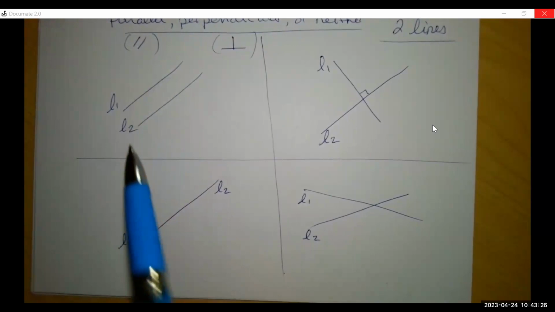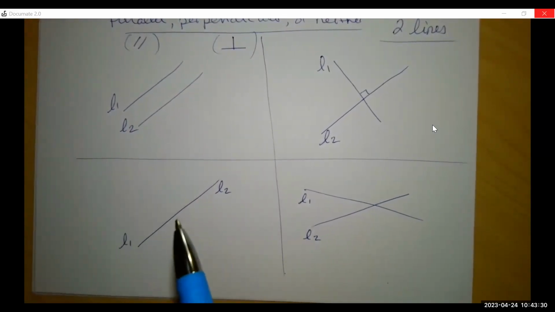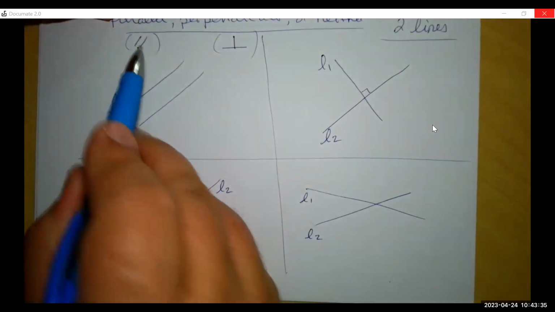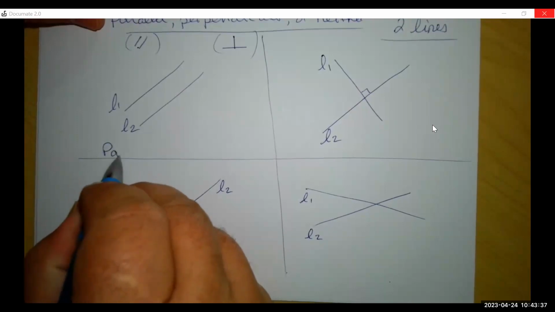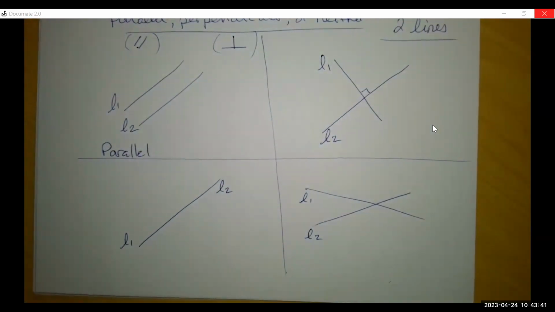So in this first one, what do you notice about the lines? What are they called? They look like this, right? So they're parallel. Parallel lines never touch.